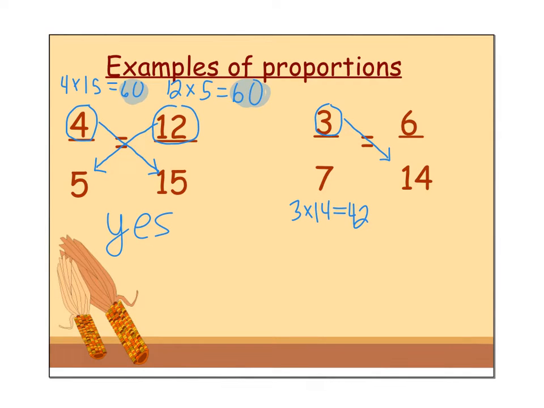Then I'm going to take the top number of my second fraction, cross through the equal sign, and multiply times the 7. And I also get 42. So these two examples are both proportional. All right, so those are two easy examples to start us off.